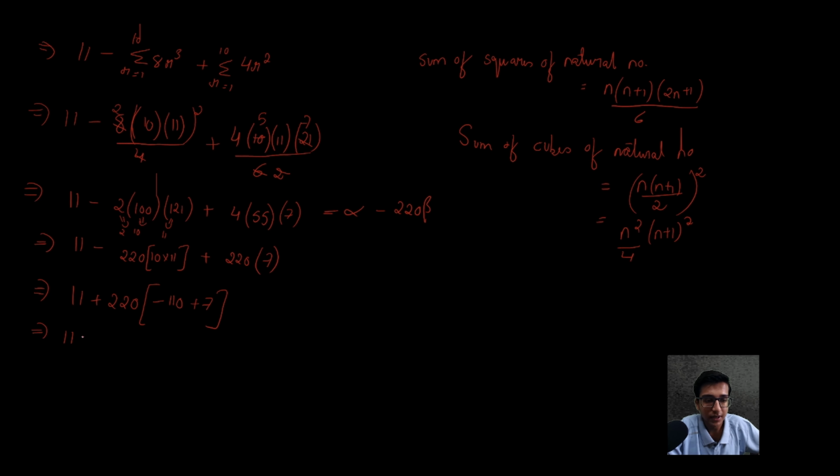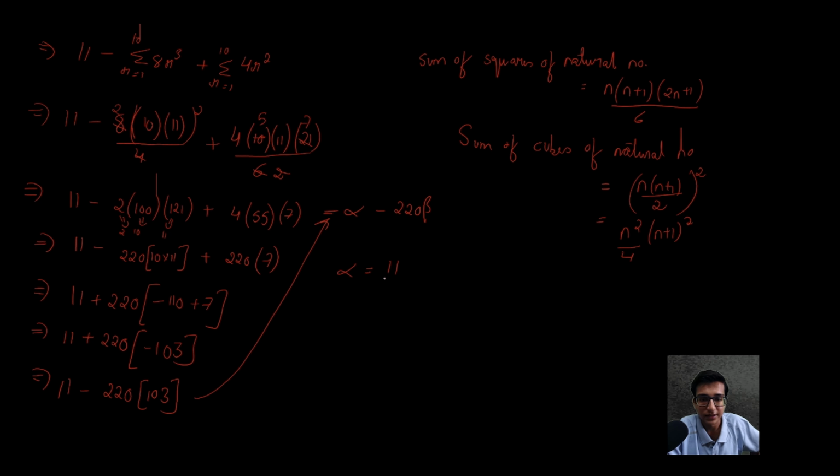So we've gotten 11 plus 220 into minus 103. If we take out the minus, 11 minus 220 into 103. If you compare this equation with this one, we can see that the value of alpha is 11 and the value of beta is 103. So our ordered pair would become 11, 103, and this was what was asked in the question.